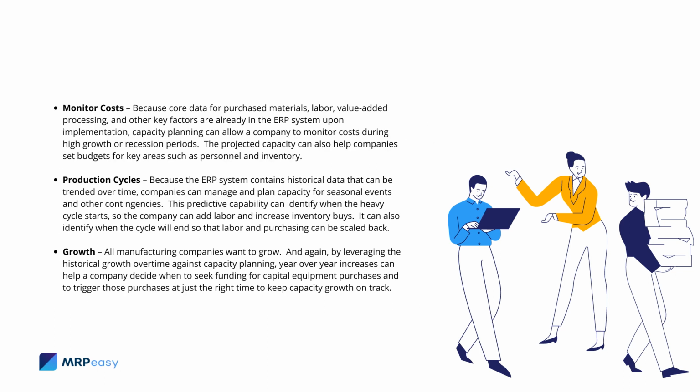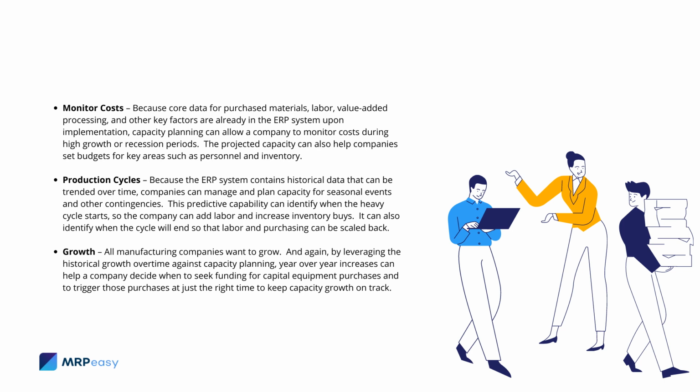Monitor costs. Because core data for purchased materials, labor, value-added processing, and other key factors are already in the ERP system upon implementation, capacity planning can allow a company to monitor costs during high growth or recession periods. The projected capacity can also help companies set budgets for key areas, such as personnel and inventory.